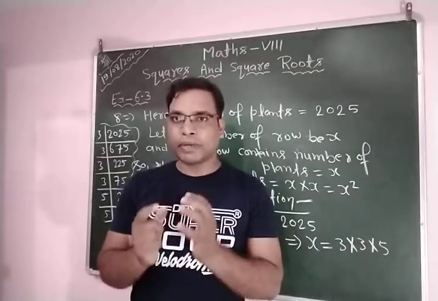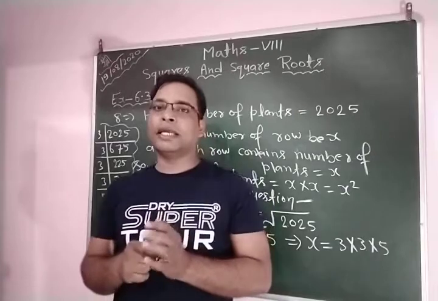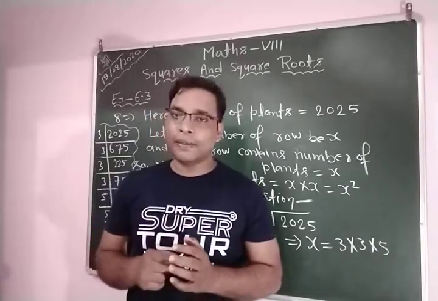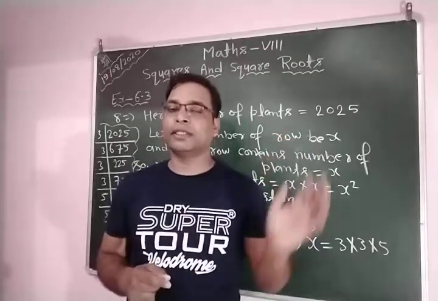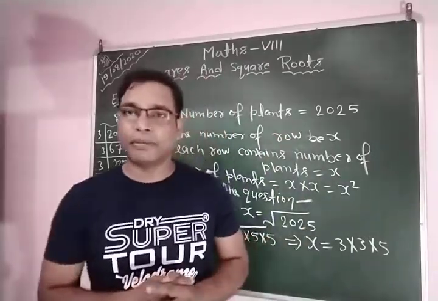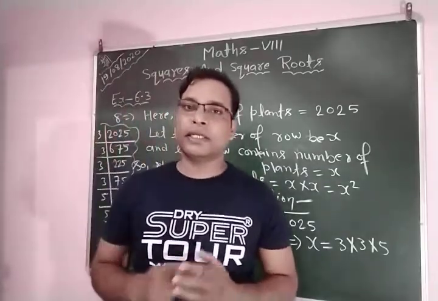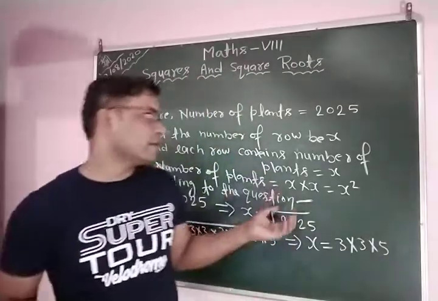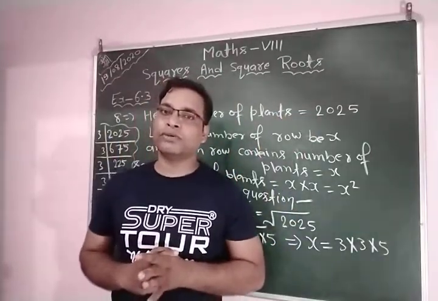So the number of plants in the garden is the product of the number of rows and the number of plants in each row, that is x into x. But it is given that the total number of plants in the garden is 2025.